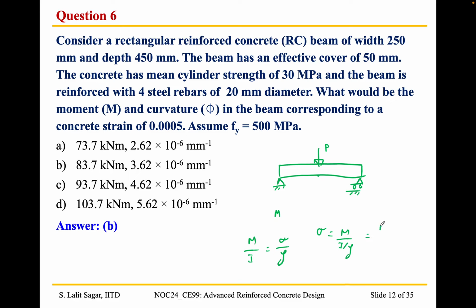So sigma is nothing but m by z, where z is the section modulus. Then we can simply determine the value of strain as sigma by E, and since we are dealing with a concrete beam, we can consider Ec. I hope that this answers your question.